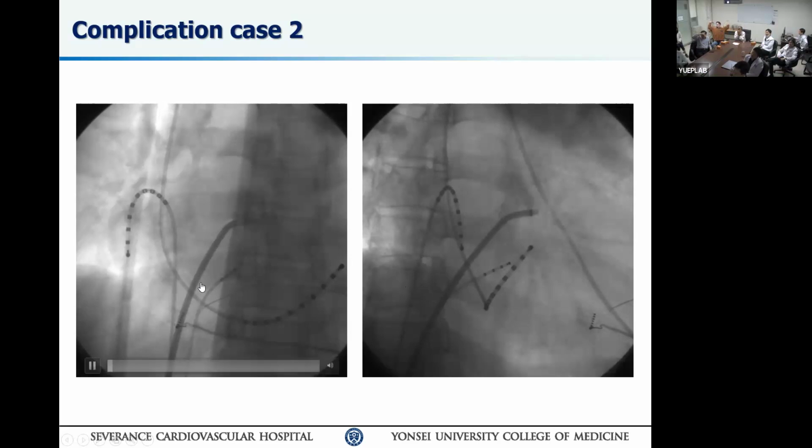This is especially true because you usually perform two transseptal punctures, one aiming posterior and one aiming anterior. But as a rule, the puncture site should always be posterior to the His catheter.